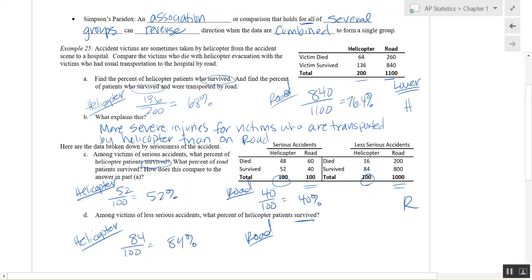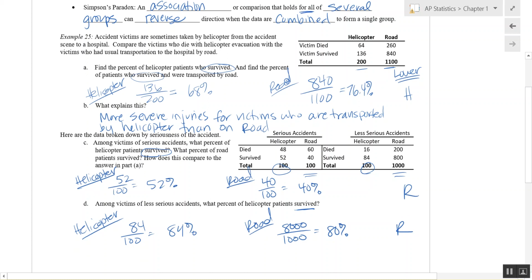And the road is 800 out of 1,000, so we get 80%. Which percent is lower? The road. So when we broke it down by seriousness of accidents, the road had a lower survival rate, but when we had it totaled up together, the helicopter had a lower survival rate.